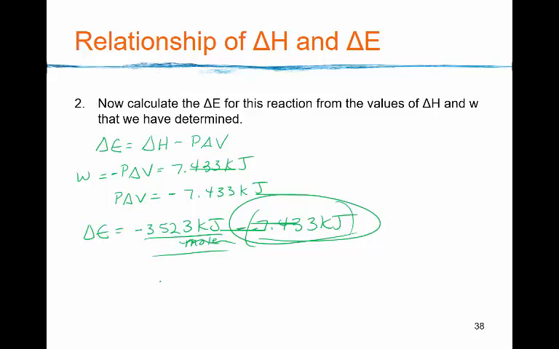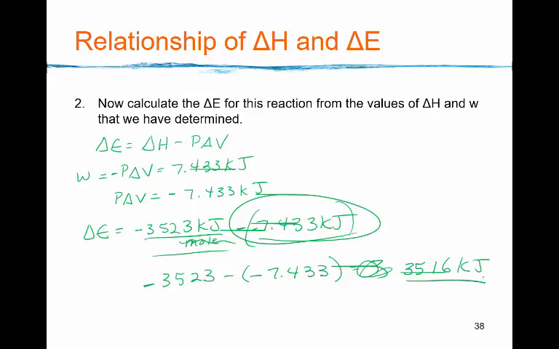So 3523 minus a negative 7.433 is going to give you negative 3516 kilojoules. Okay, so that's the delta E.